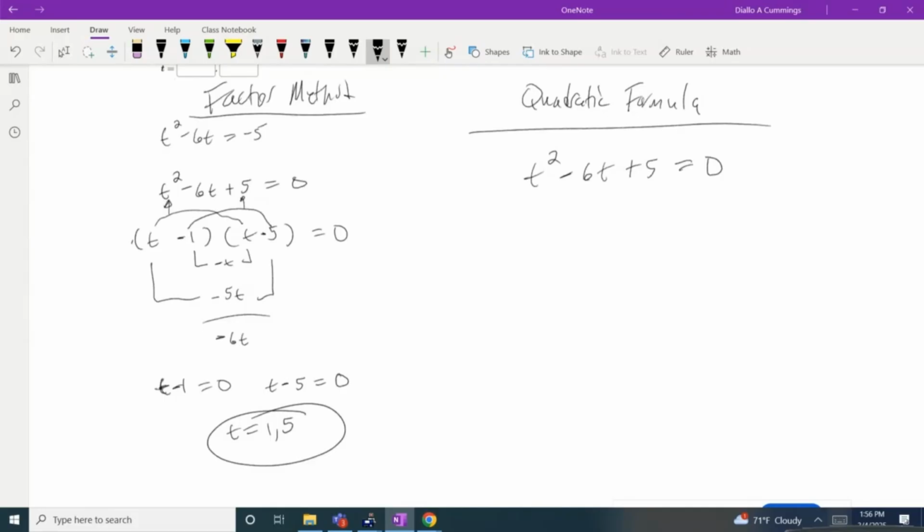If we were using the quadratic formula, we would still have to put it in standard form, make it equal to 0, and the coefficient of the first term is 1. So a is going to equal 1, b is going to equal negative 6, c is going to equal positive 5.